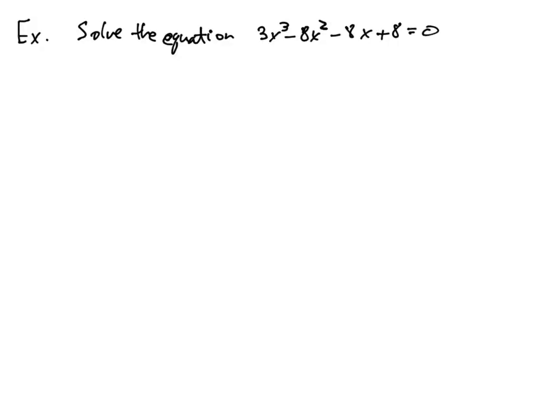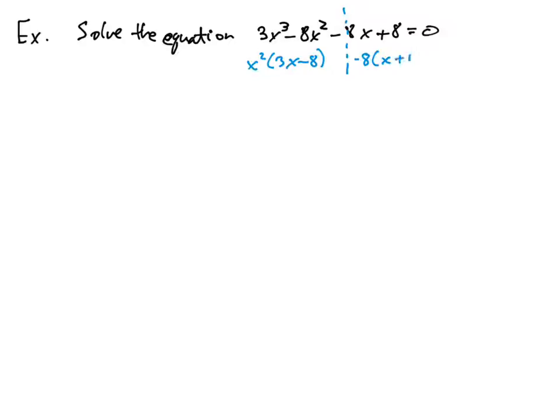This example says to solve the equation 3x cubed minus 8x squared minus 8x plus 8. And again, this is 4 terms. Let's see if we can factor this by grouping. It doesn't look like it. Actually, I could factor out 8, but that's not going to make a difference.